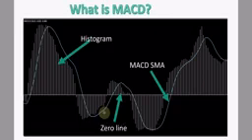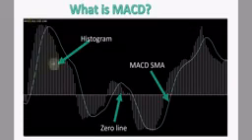So what is MACD? MACD is a trend following momentum indicator that shows the relationship between two moving averages of price. So the usual MACD has a setting of 12, 26, 9, which is fast EMA 12, slow EMA 26, and the MACD SMA 9.